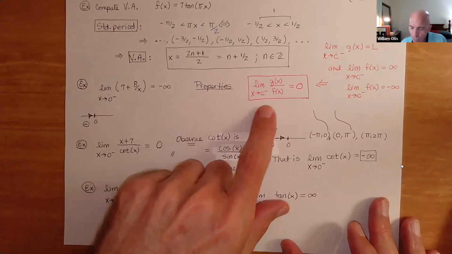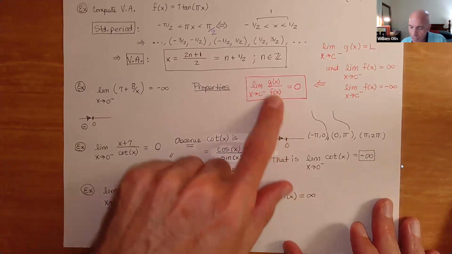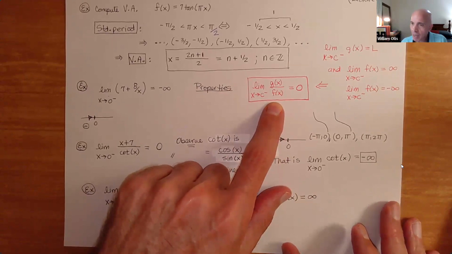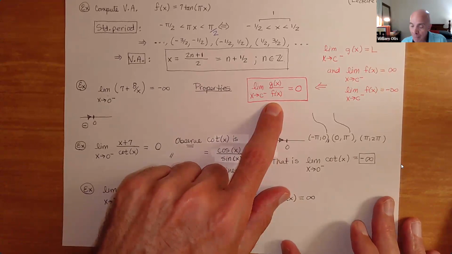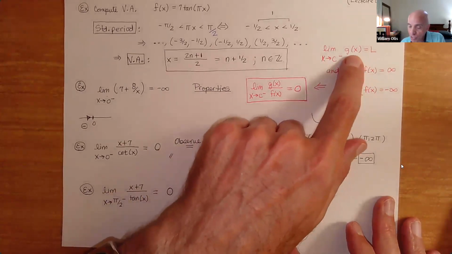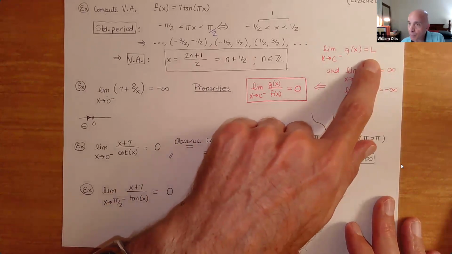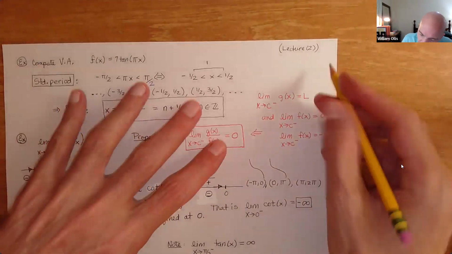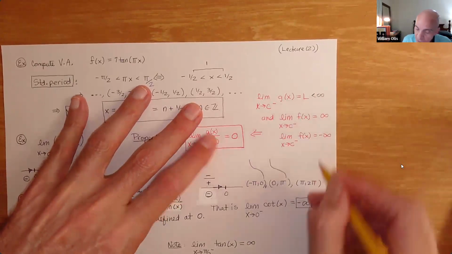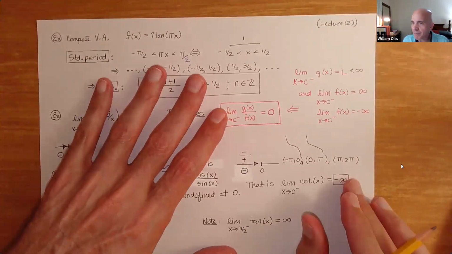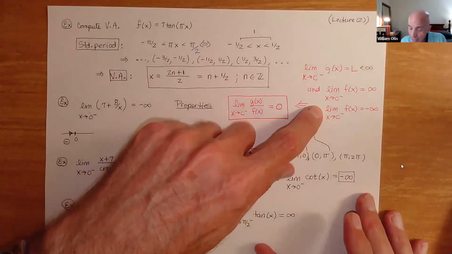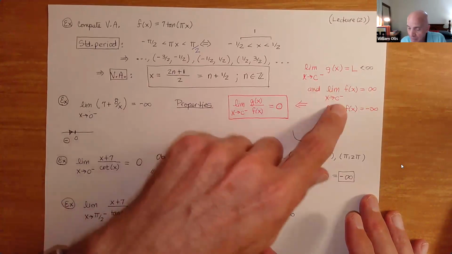Now, I wrote over here a specific example of the property that I talked about. Say we're approaching c from the left, and we're saying that g approaches the number L. And a lot of times, if you want to say something is finite, you just say it's less than infinity, so to speak, that it is a finite number. And then what I've written here is you could have either of these.